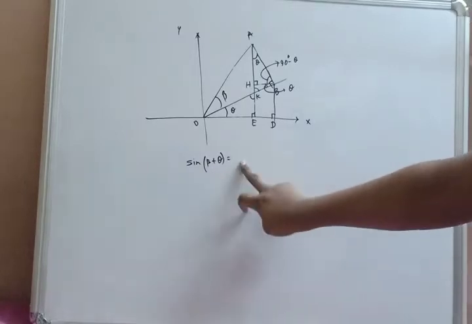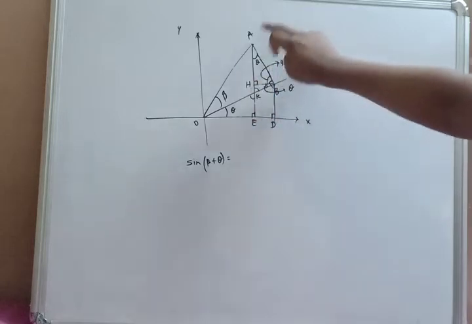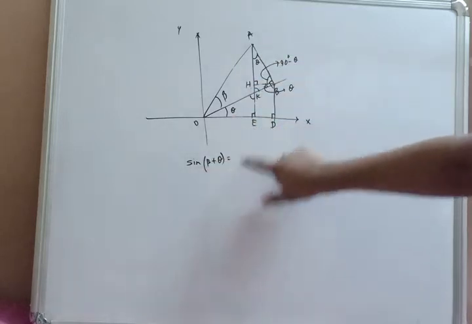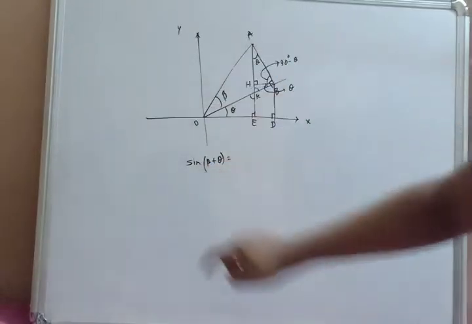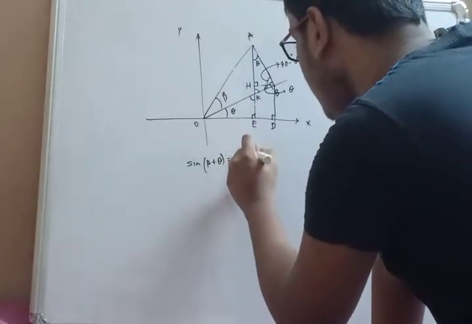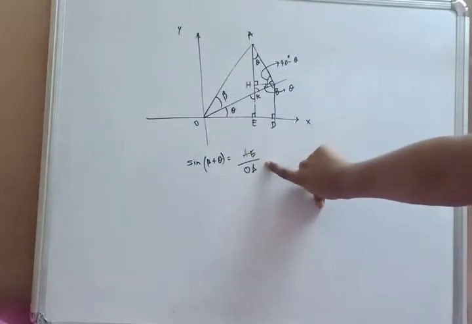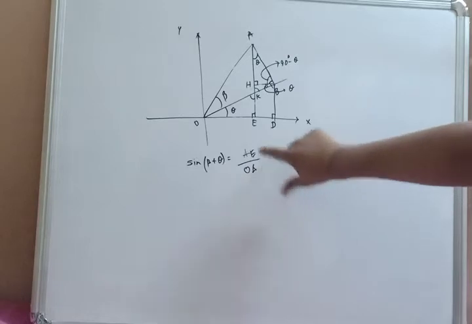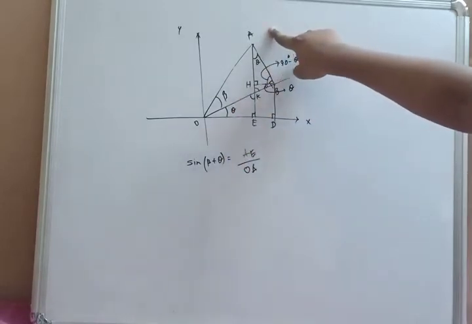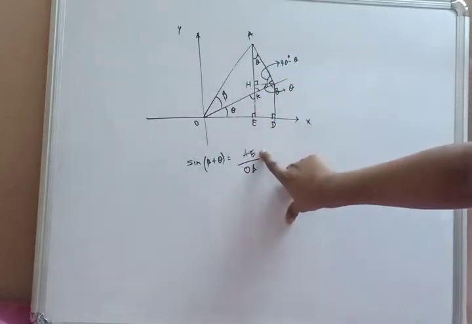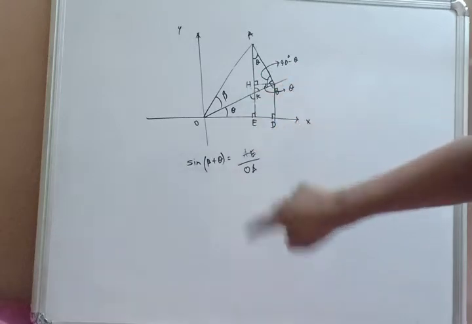So what is sine beta plus theta? Beta plus theta is particularly the angle AOE. Now sine beta plus theta means perpendicular by hypotenuse. That means AE by OA. Now in AE by OA, I can write AE to be AH plus HE by OA.